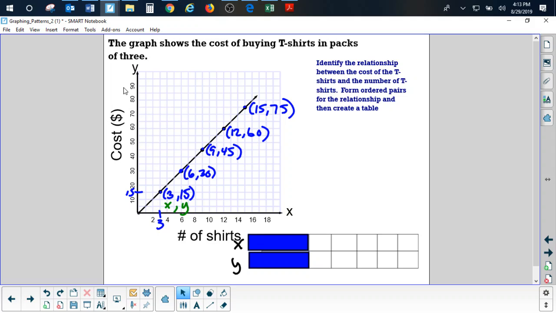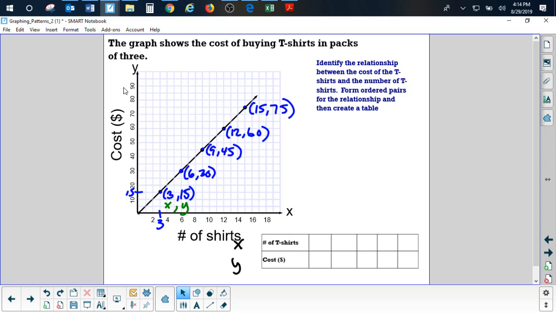Because I have x on top and x is labeled number of shirts, I want to make sure that number of t-shirts is labeled on my table, and y has to be on the bottom, and the y-axis has to deal with cost. So I want the y to show that it's labeled as cost.